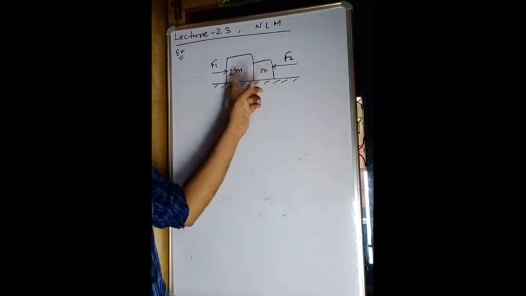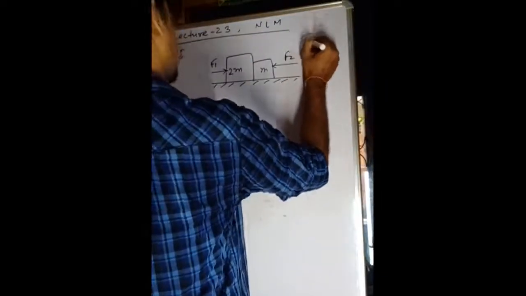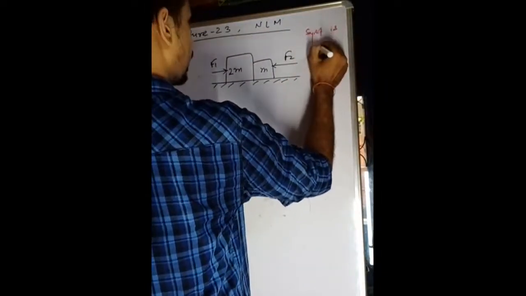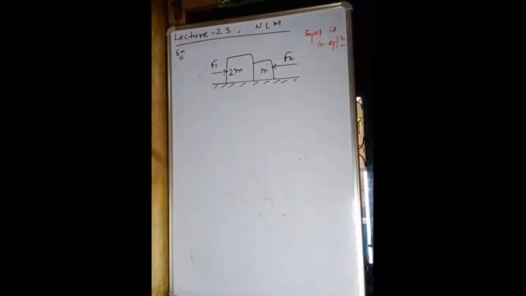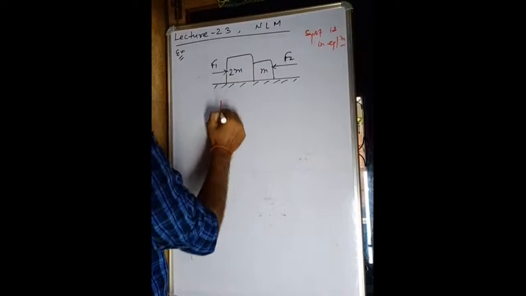Force by m on 2m. Then how will we solve it? The condition is that the system is in equilibrium. Remember, this is the condition. Alright. Okay, so make the free body diagram.